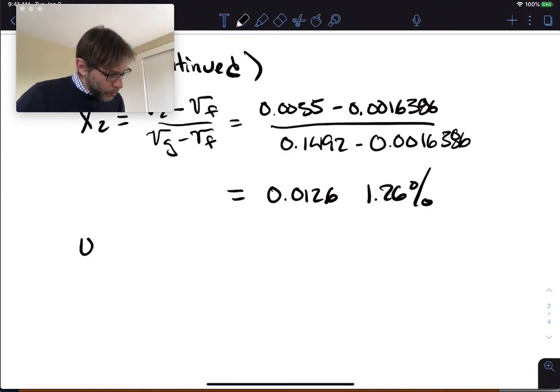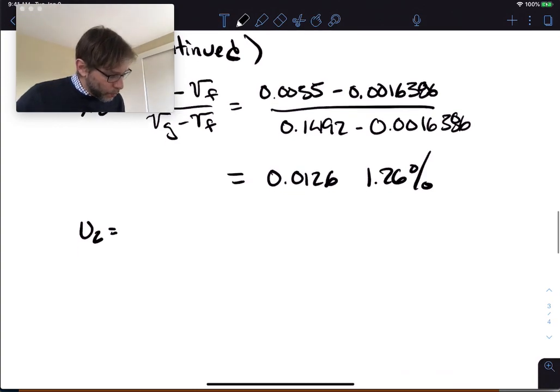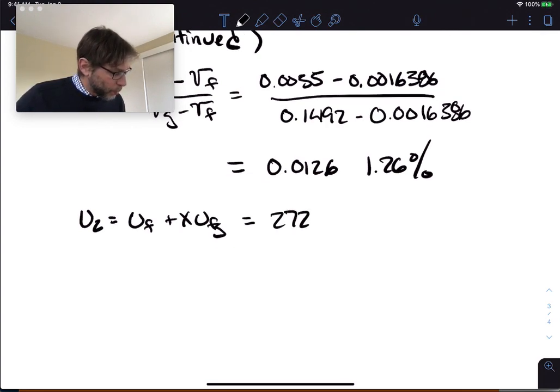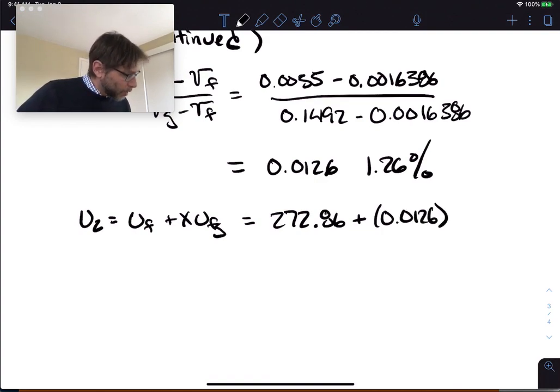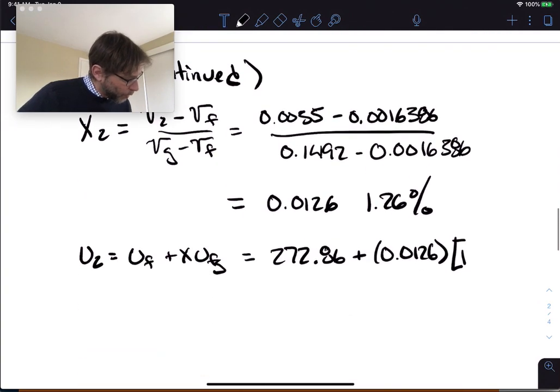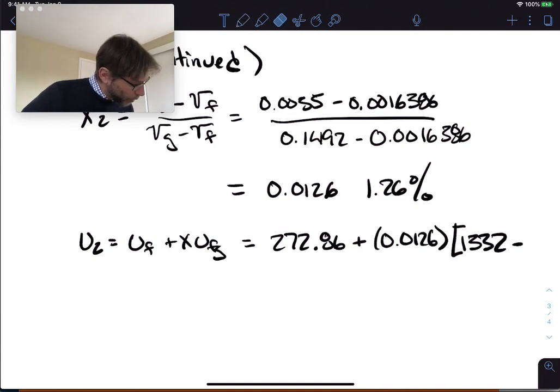So then we can find U2. U2 is UF plus X times UFG. So U2 is equal to 272.86, which is UF, plus 0.0126, which is the quality, times the difference in internal energy, which is 1332 minus 273.